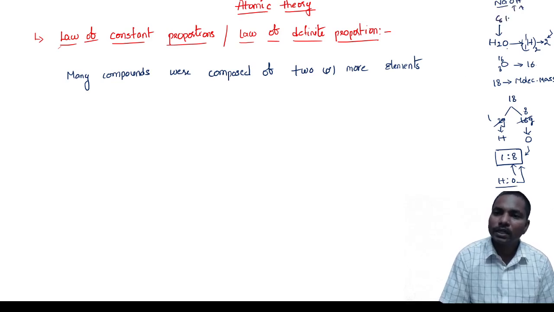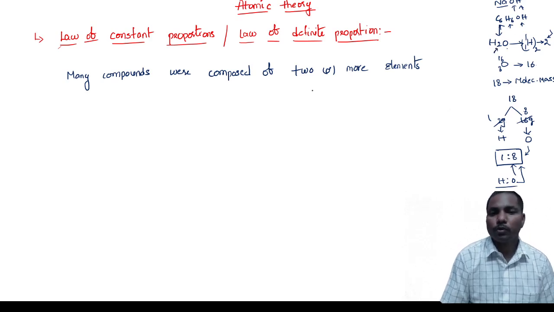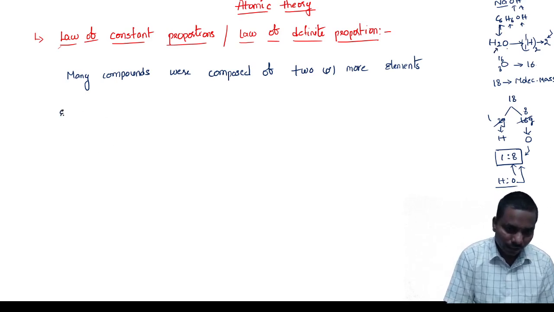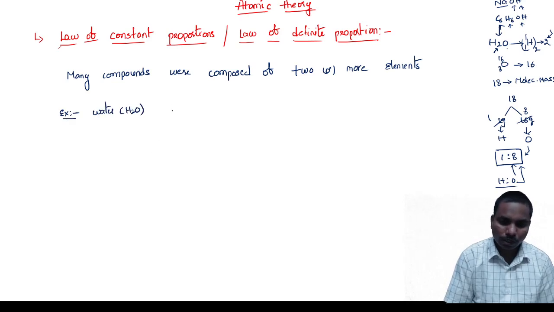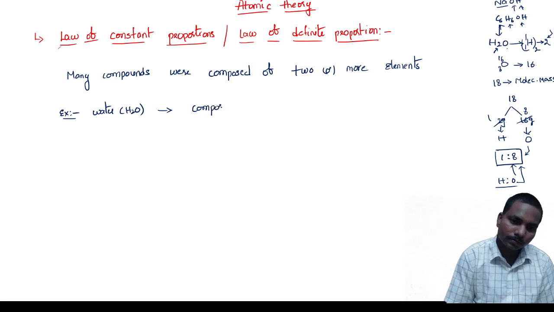In C6H5OH also, carbon, hydrogen and oxygen, 3 elements are there. In water we have 2 elements. So compounds are composed of 2 or more elements. For example, water, H2O, is composed of hydrogen and oxygen.